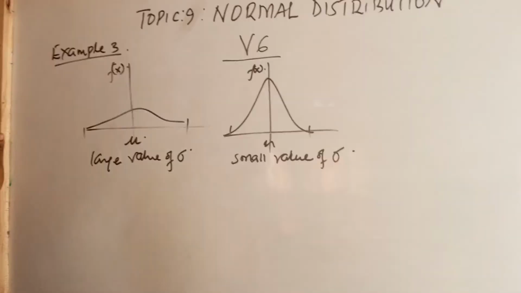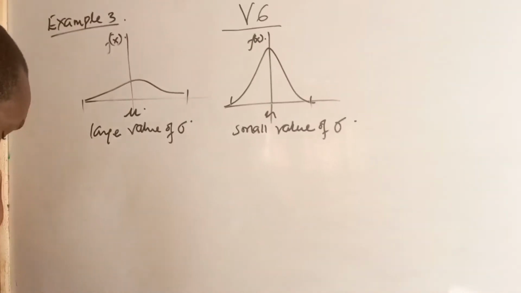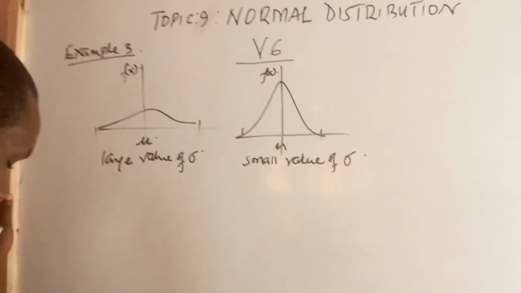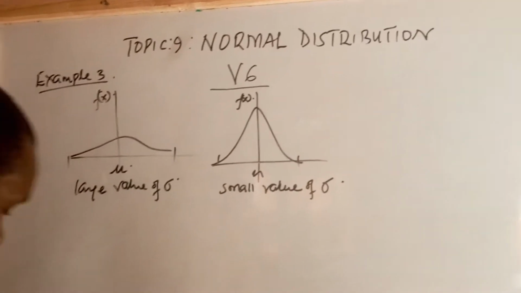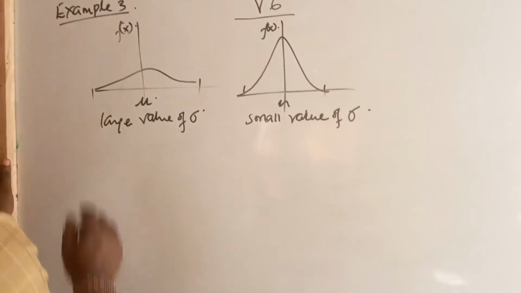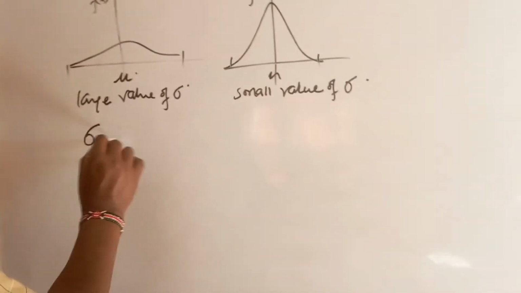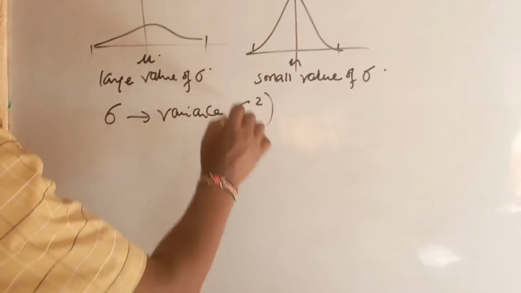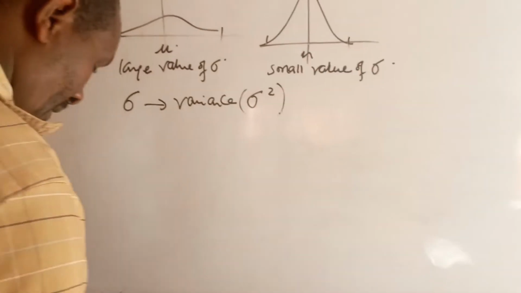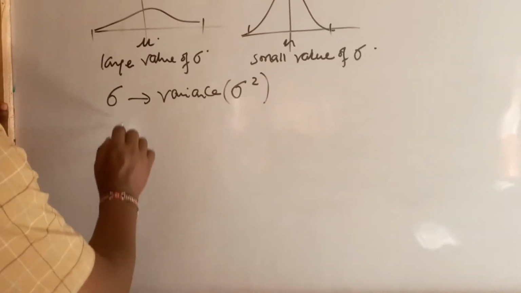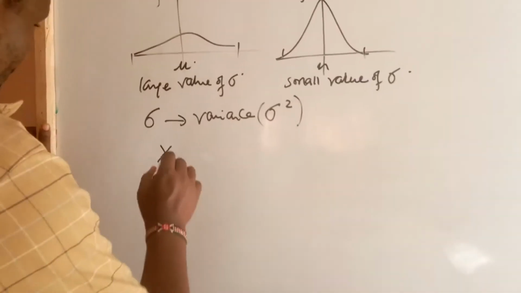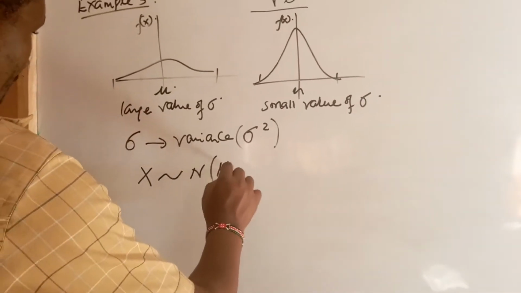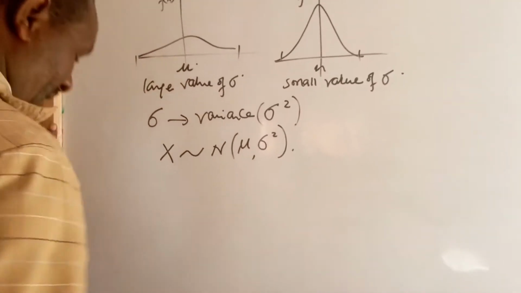Some 3 points to note before we go to example 3. The random variable x having a mean of mu and a standard deviation, or variance, where the variance is the square of the standard deviation, can be written as x is distributed normally with a mean and the variance.